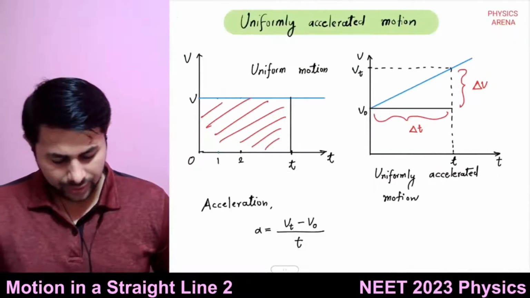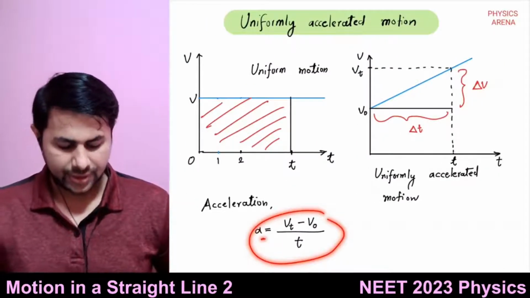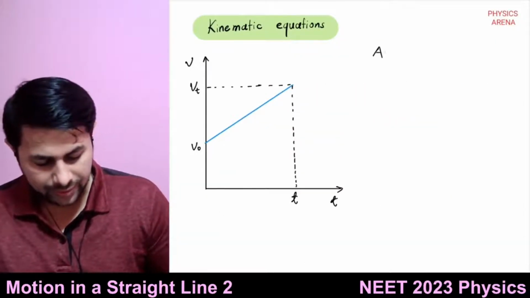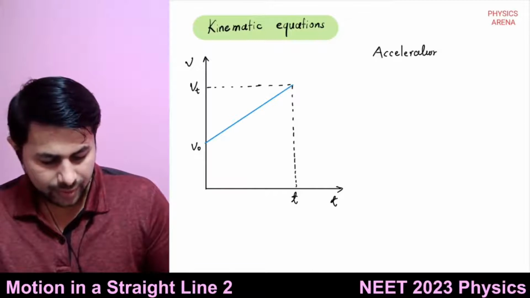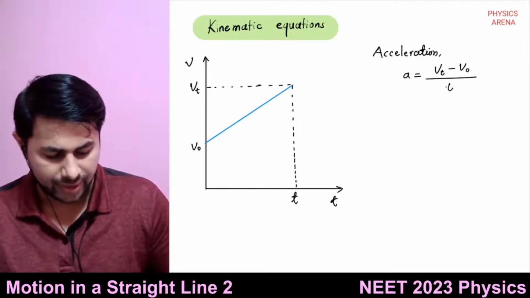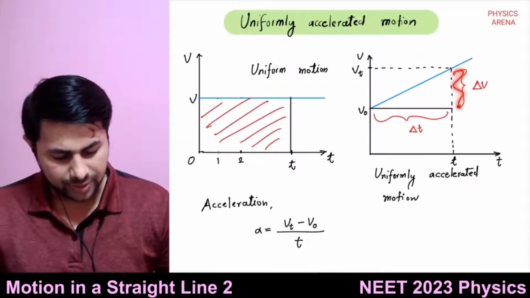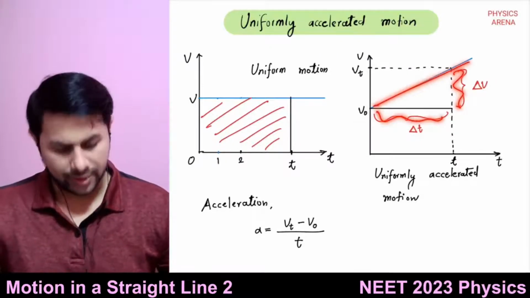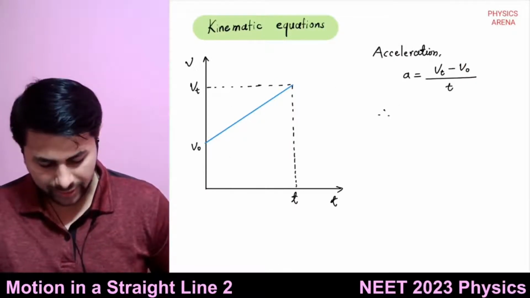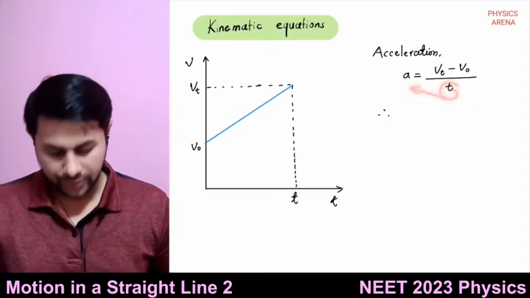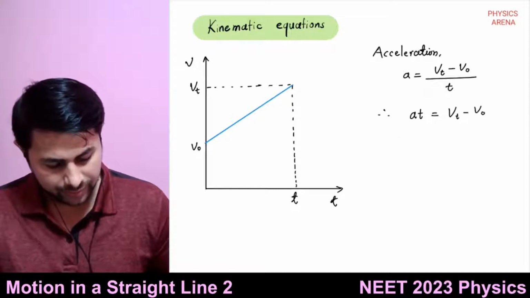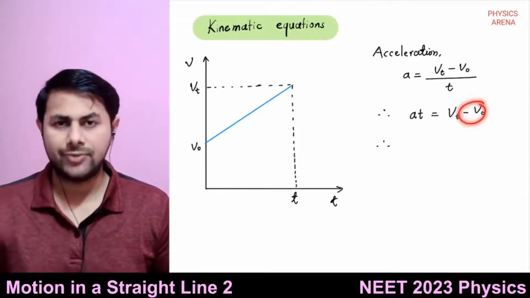So now we have seen here that acceleration is vt minus v naught divided by t, which is the slope of this velocity versus time graph, the slope of this straight line. Therefore I can take this t on the other side. What do I get? a times t equals vt minus v naught, and therefore I can take this minus v naught on the other side.